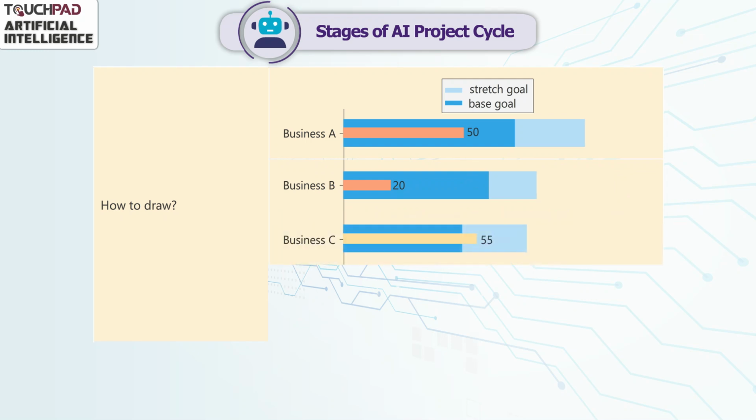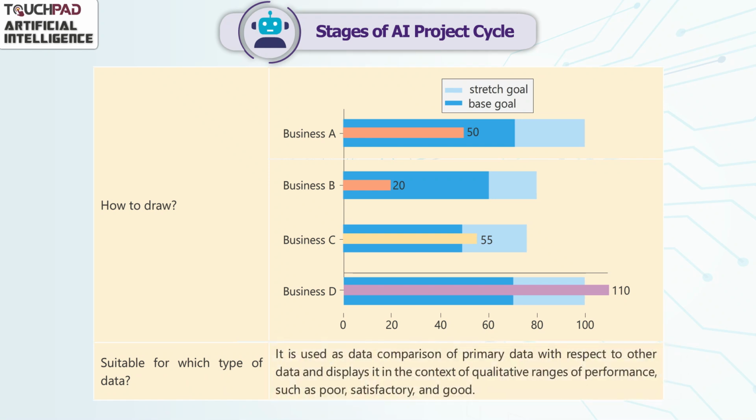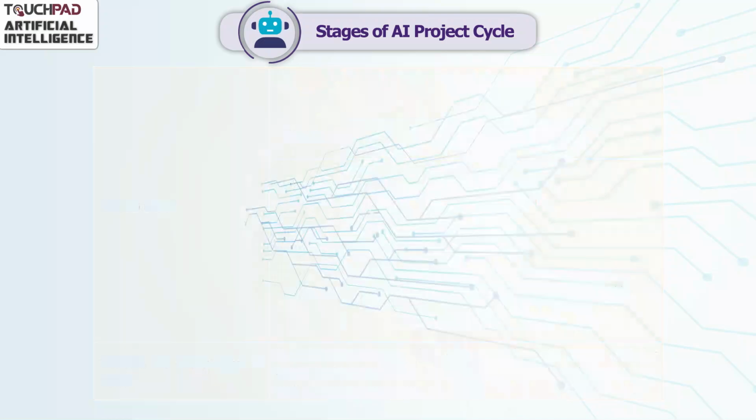Business C, 55. Business D, 110. Suitable for which type of data? It is used as data comparison of primary data with respect to other data and displays it in the context of qualitative ranges of performance such as poor, satisfactory, and good.